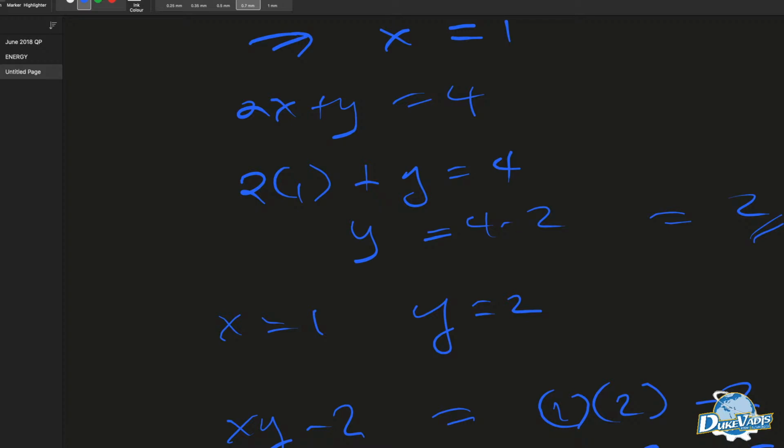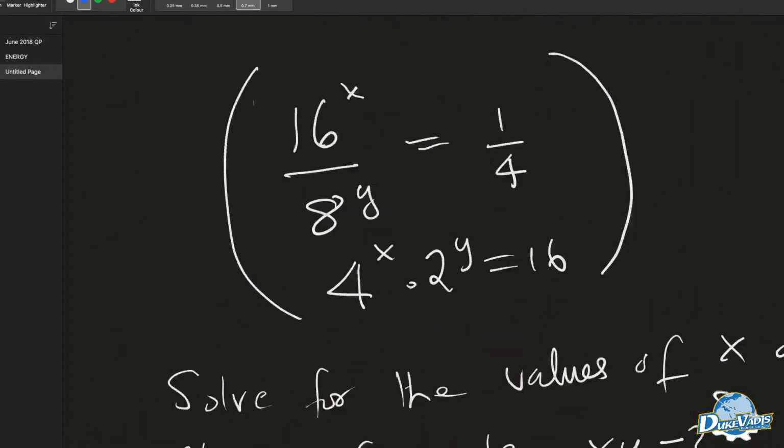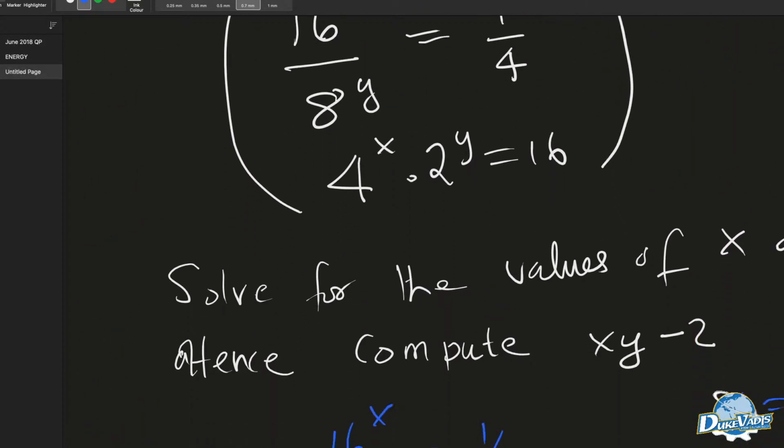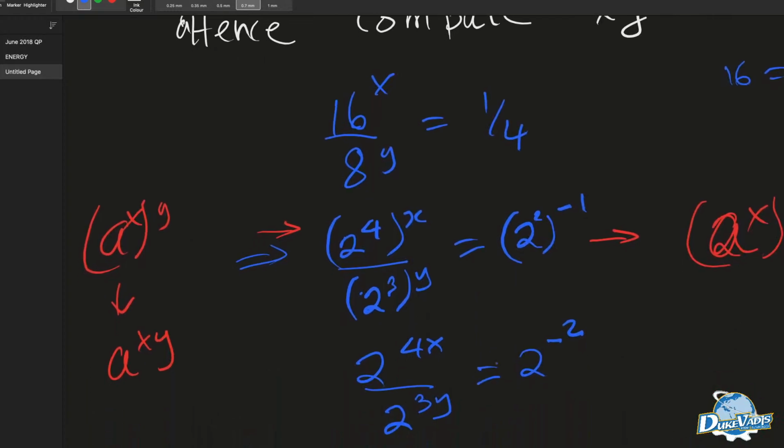And that is all it is, friends. It's not anything difficult at all. So there's the first question. What did we do? We took the system here and expanded it. We had 2 raised to the power 4, and 2 raised to the power 3, that is 8, and we did that.